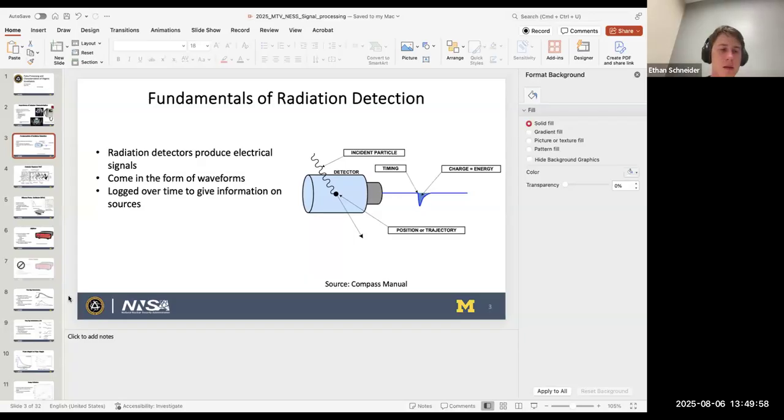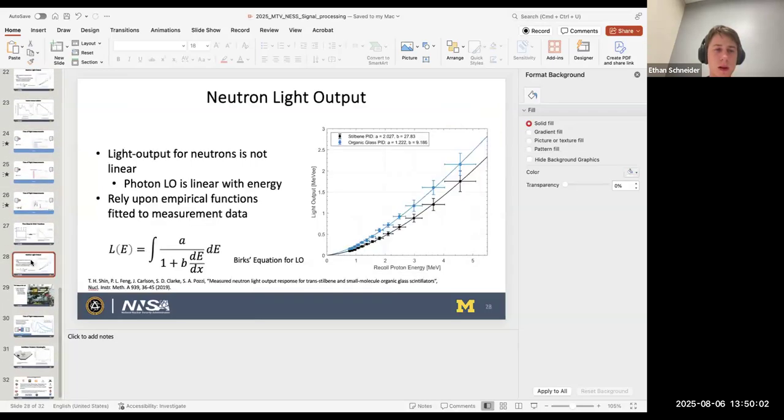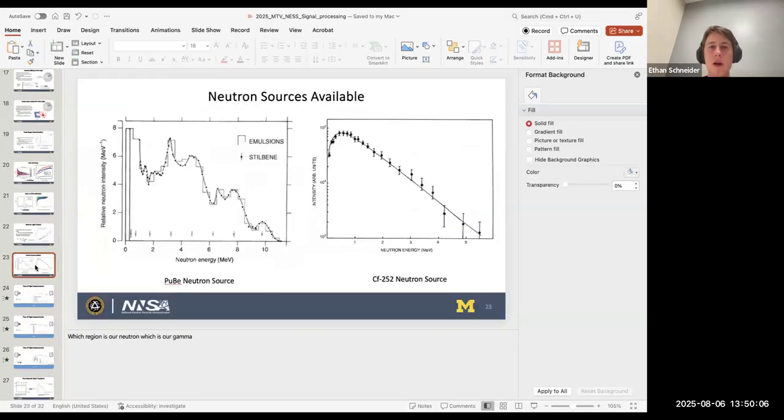I would say yes. I think it'll be pretty easy to figure out if it is a Californium source based upon the distribution, that they have is just fundamentally very different.